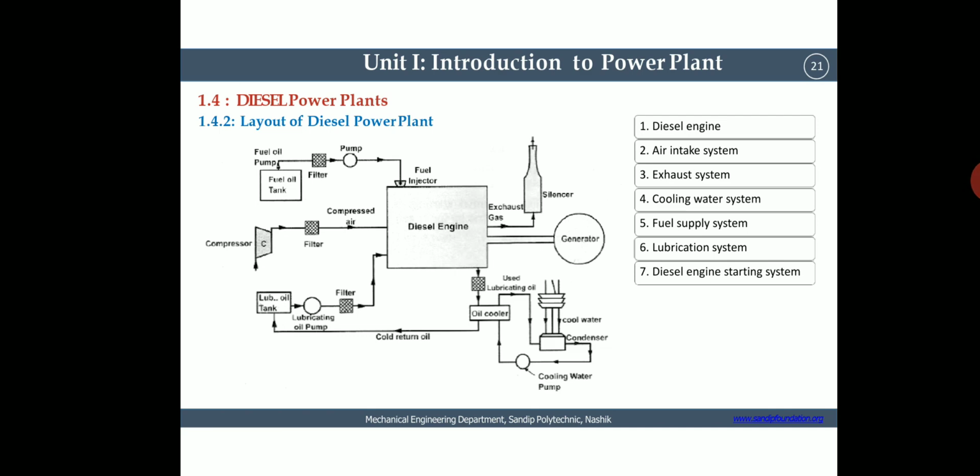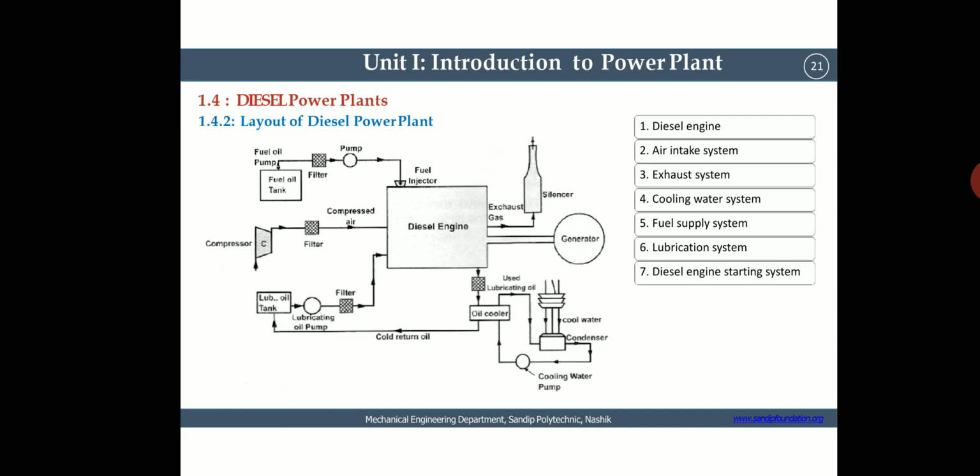At the bottom left of the figure you can see a lubricating oil tank, a lubricating pump and a filter. You pass the lubricating oil to the diesel engine, and the used lubricating oil is passed from the bottom of the diesel engine to the filter and oil cooler.